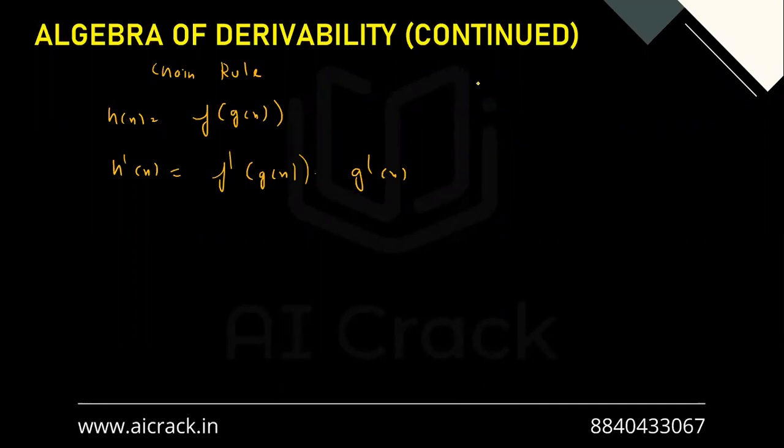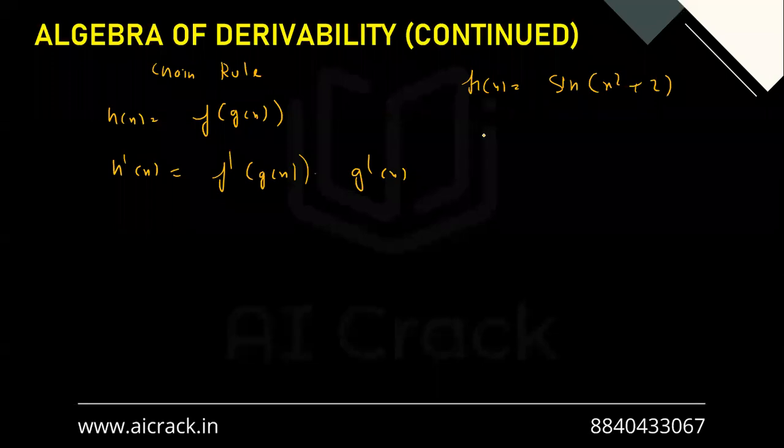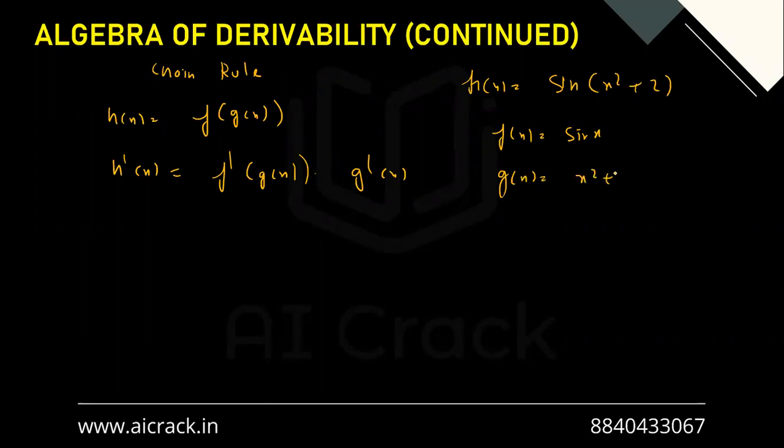Let's say we have a function h(x) equals sin of (x² + 2). If I try to write this in the composite form, we have f(x) equals sin x and g(x) equals x² + 2.